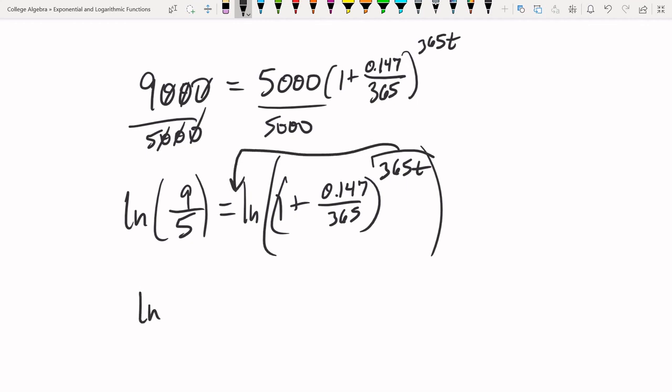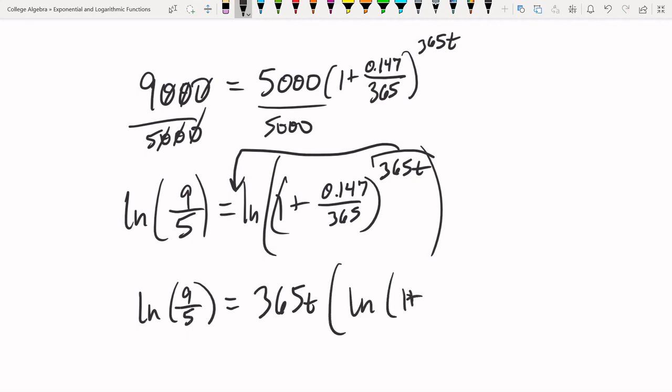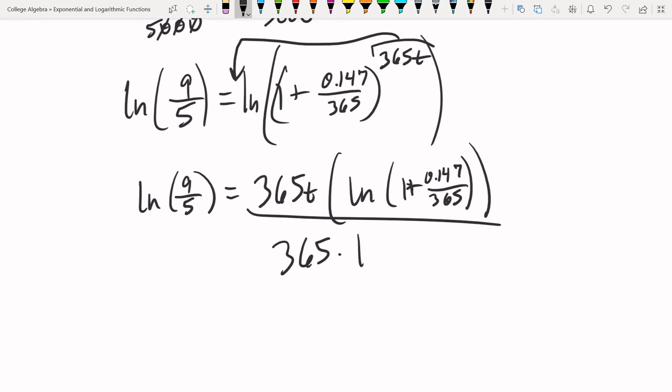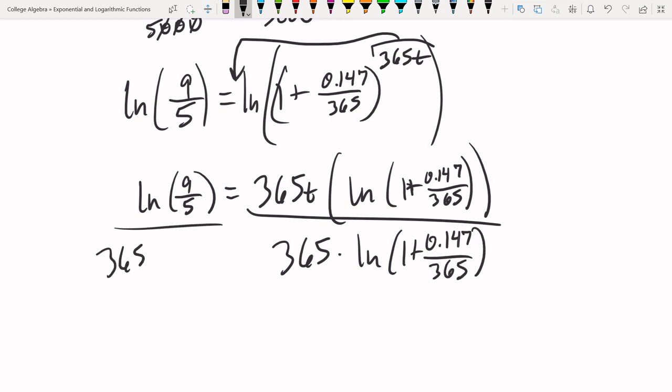So now we have ln 9/5 equals 365t times ln of 1 plus 0.147 over 365. And this is really just a division problem to get rid of the numbers around t. Divide by 365 times ln of 1 plus 0.147 over 365, the same thing on this side.